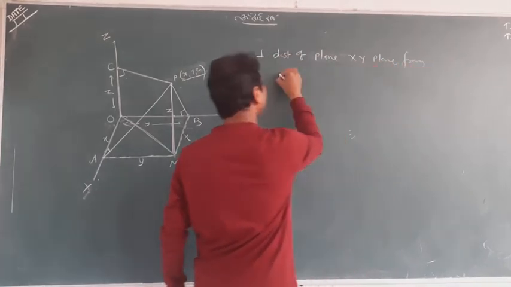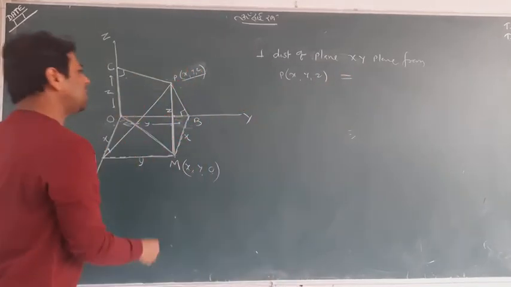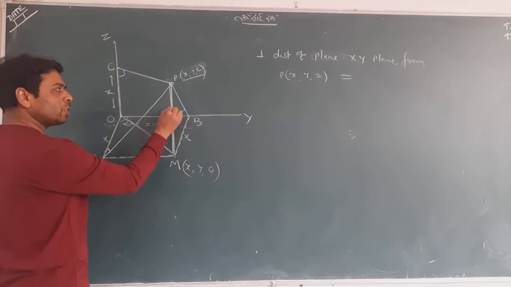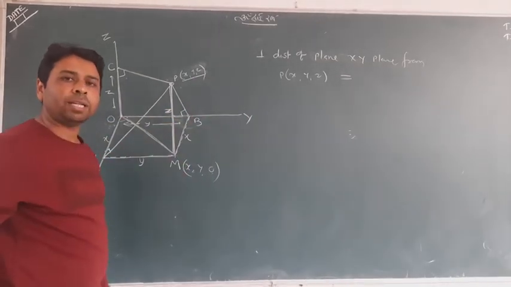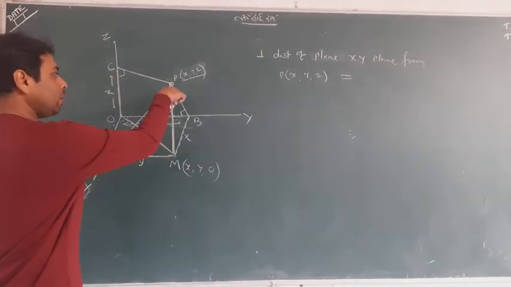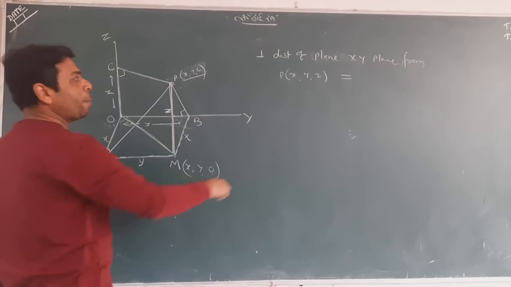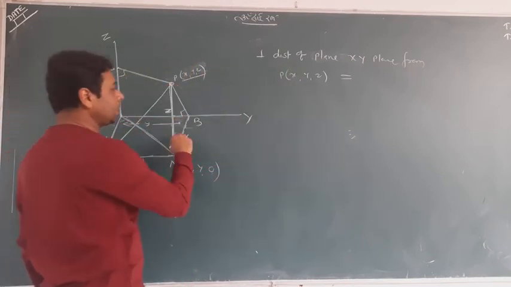You draw the perpendicular from point P, and this distance is finally Z. So we can define in our own words that the perpendicular distance drawn from P to the xy plane is equal to z.